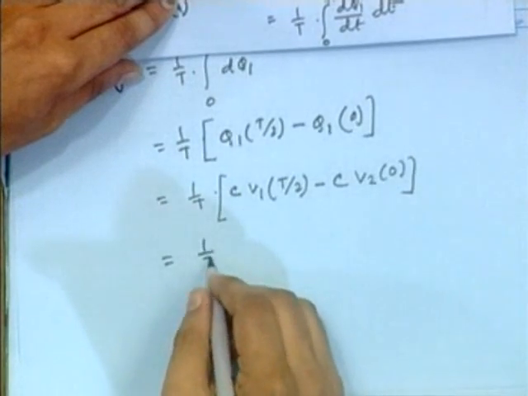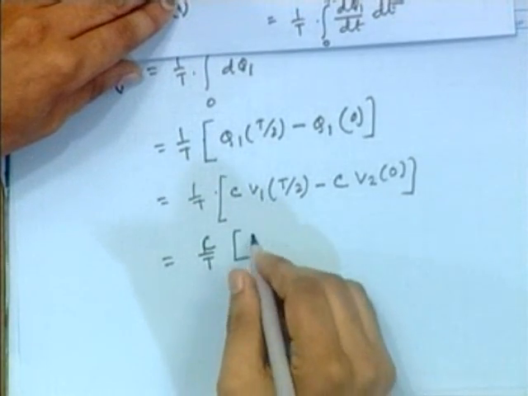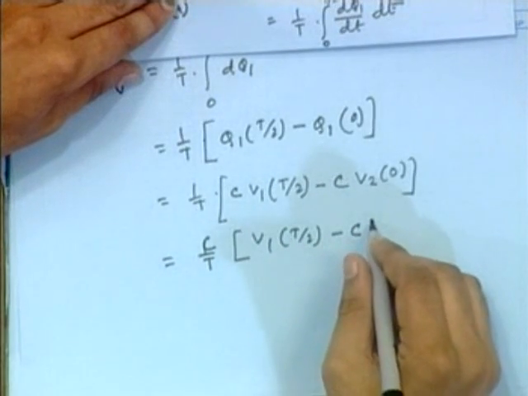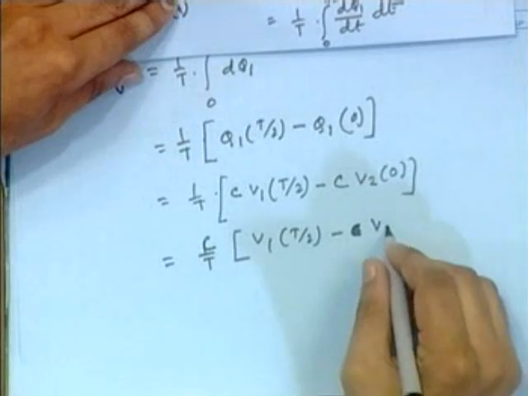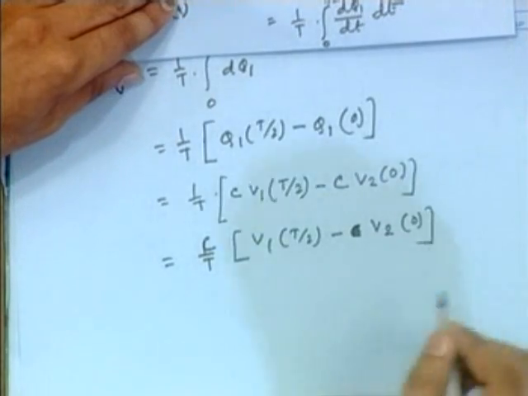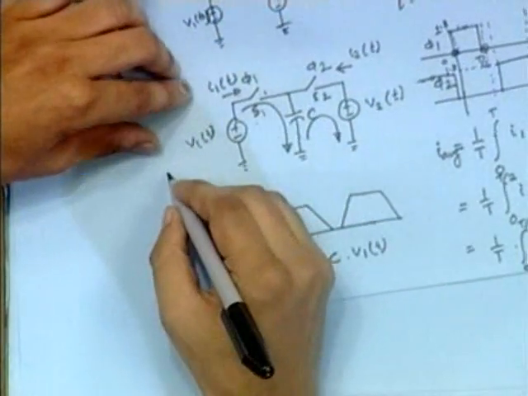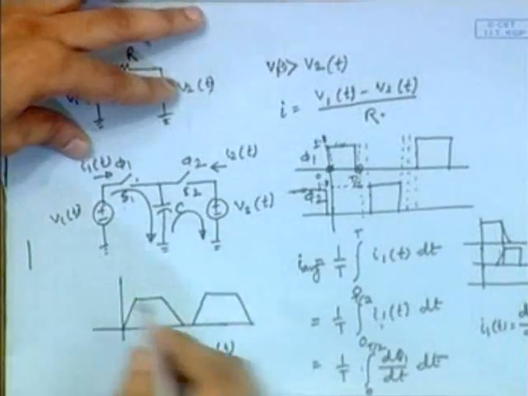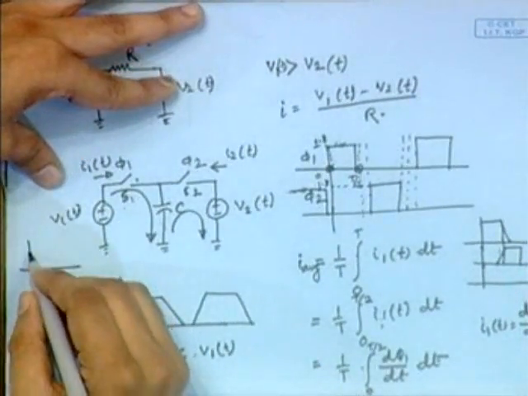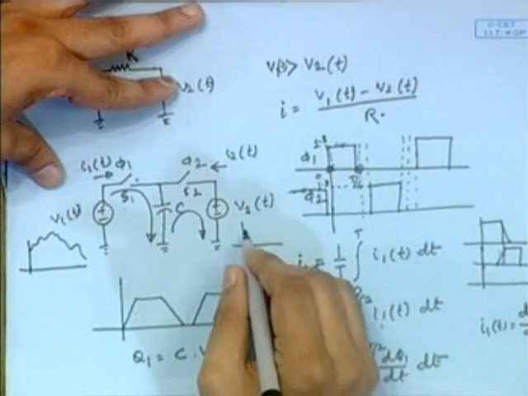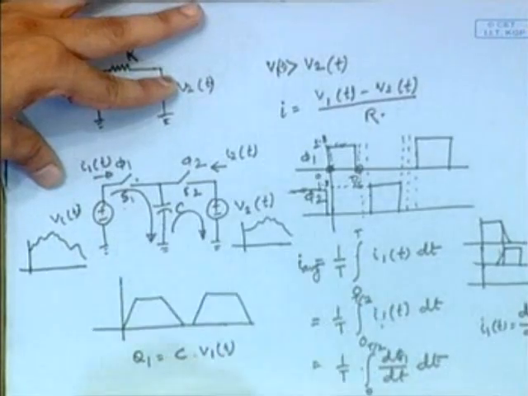So it is equal to V2(0), V1(T/2) minus C, sorry not C, I have taken C common. Now suppose this side we have given one sample like this. This is the sample.